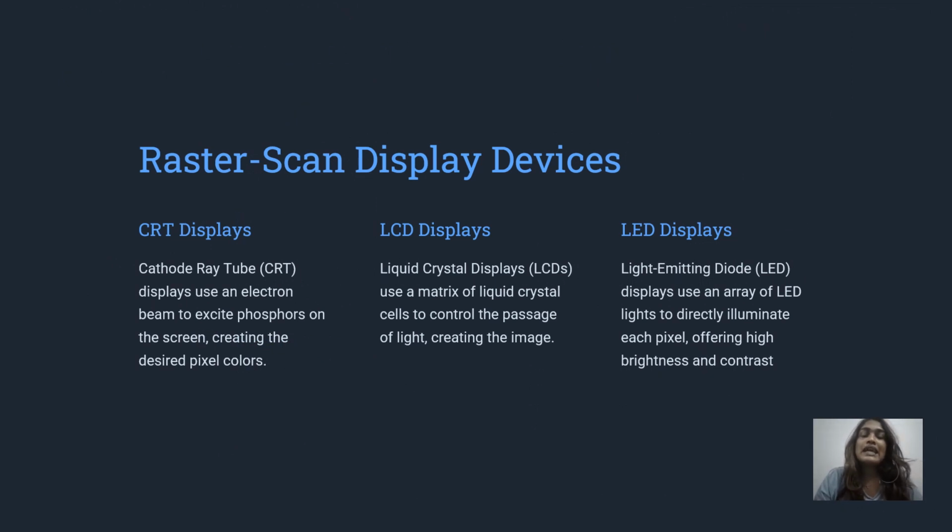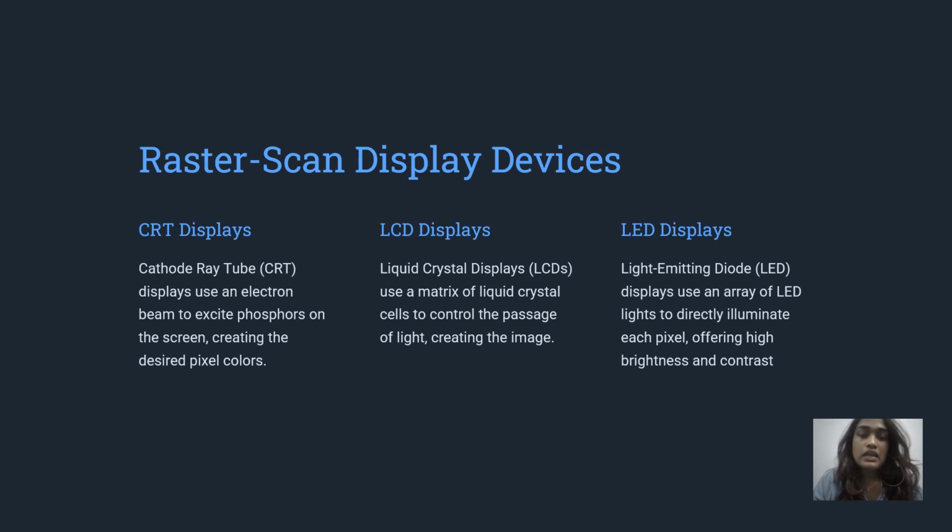Next, we have raster scan display devices. There are many devices; I've given you some of them here. For example, CRT displays: cathode ray tube displays use an electron beam to excite phosphors on the screen, creating the desired pixel colors.